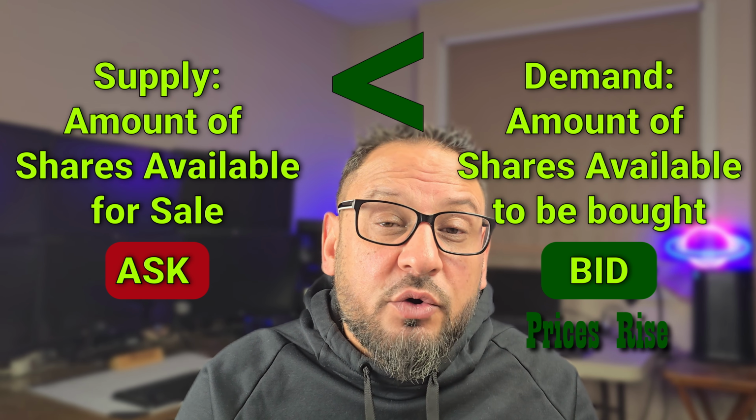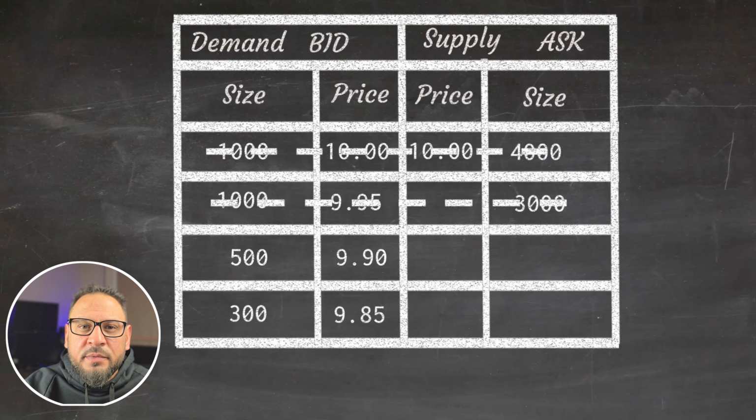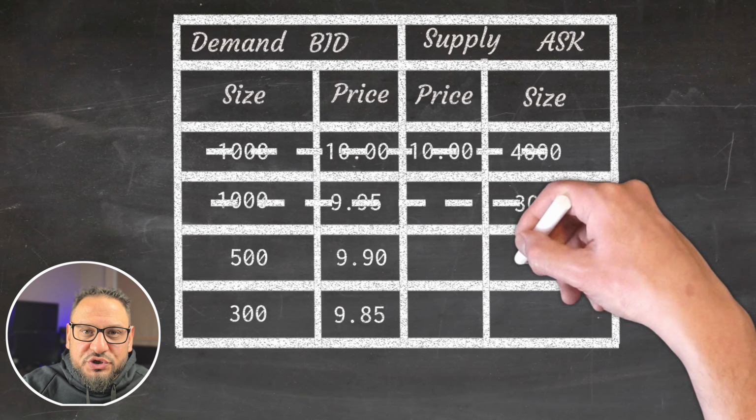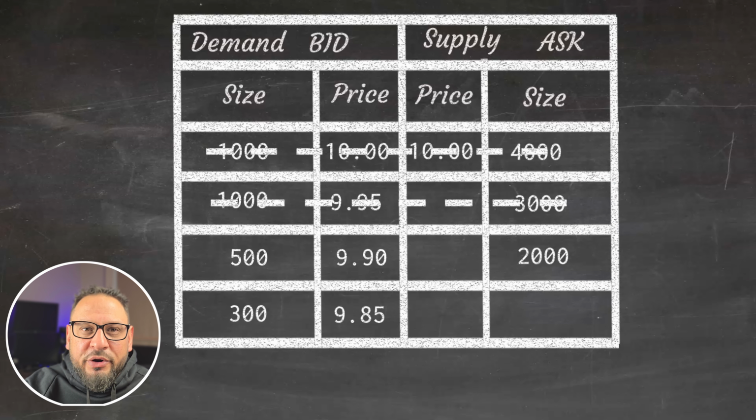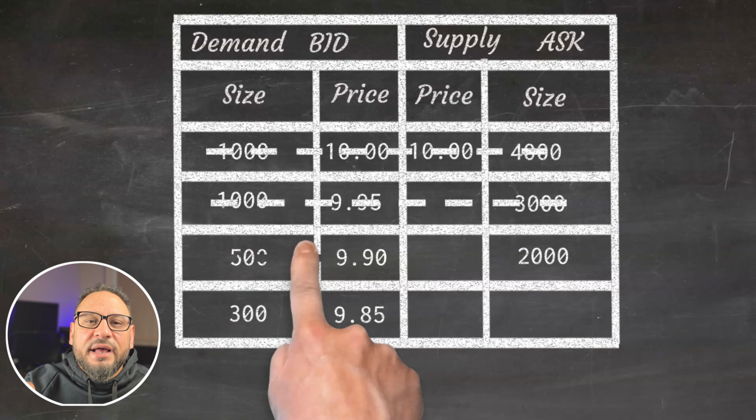They start willing to actually sell at a lower price at $9.95 for the next 1,000 shares coming up. So they sell them, and then there's 2,000 shares left. They sell them at the lower price to get rid of their shares. And that concept is actually applied on everything.